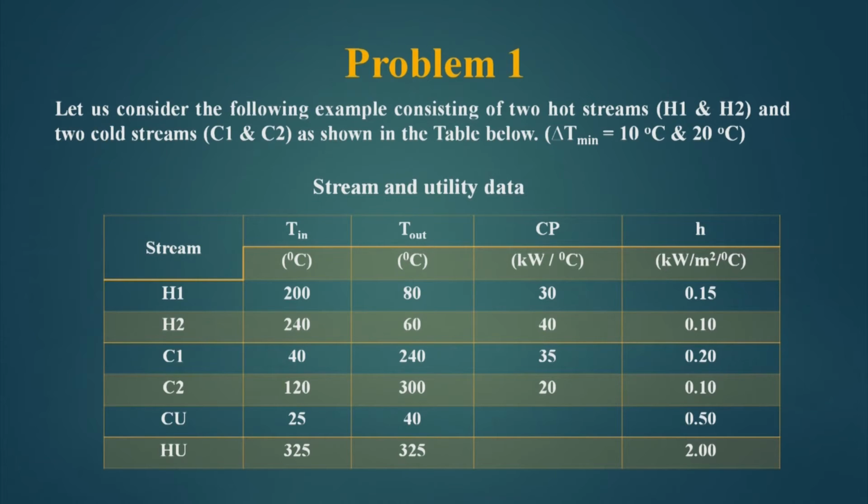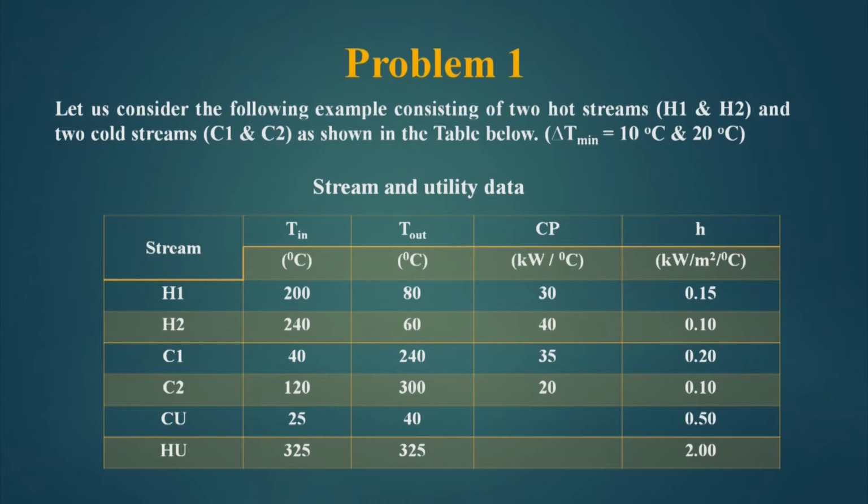Now, let us take an example to demonstrate this. Let us consider the following example consisting of two hot streams H1 and H2 and two cold streams C1 and C2 as shown in the table below. Delta T minimum is taken as 10 degree centigrade and 20 degree centigrade.